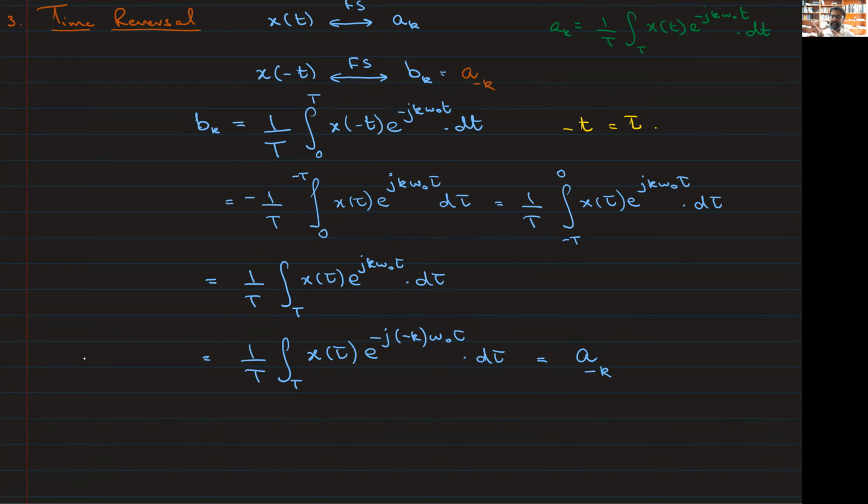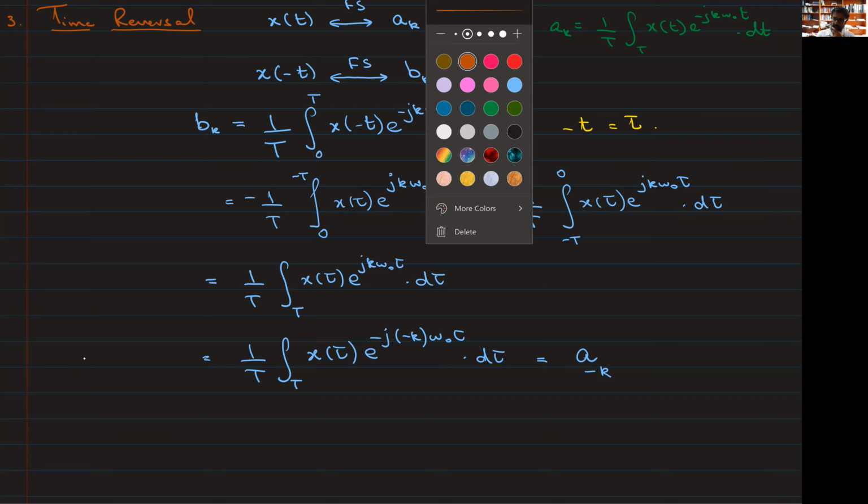What that means is that b of plus 1 is going to be what a of minus 1 was, and b of plus 2 is going to be what a of minus 2 was. Similarly, b of minus 1 is going to be what a of plus 1 was. So the Fourier series coefficients are just flipped around k equals 0. So that's what time reversal does. It just flips the Fourier series coefficients. Is that clear? Any questions here before I move ahead?